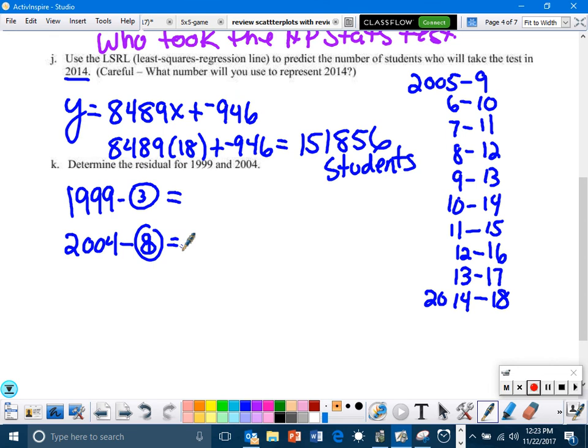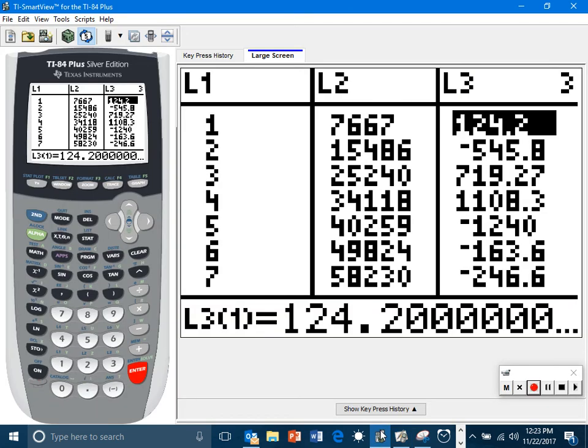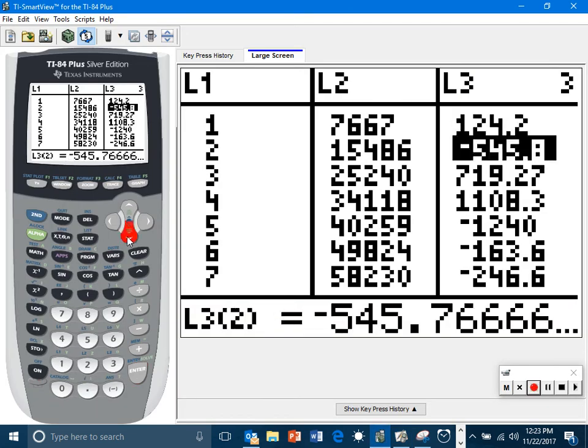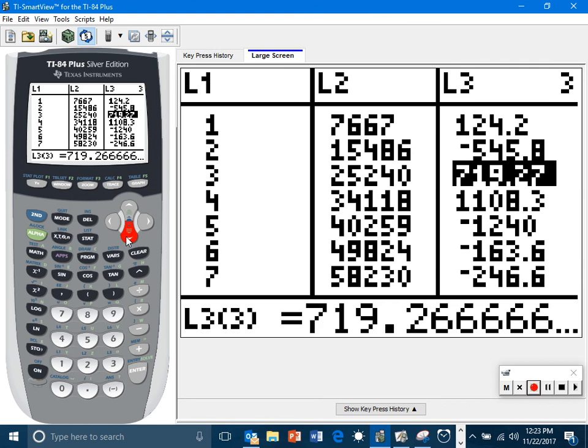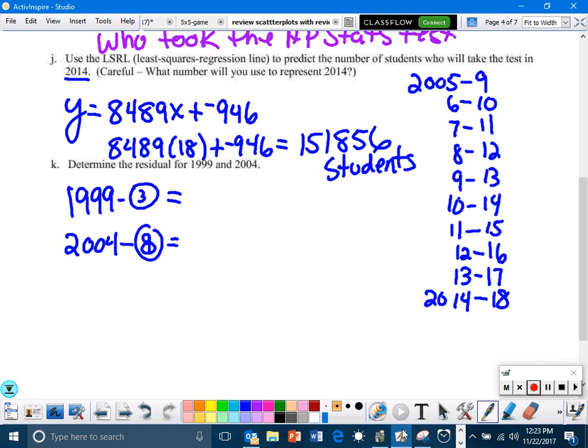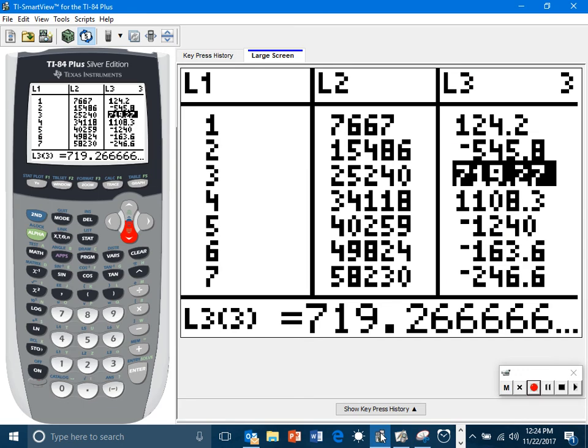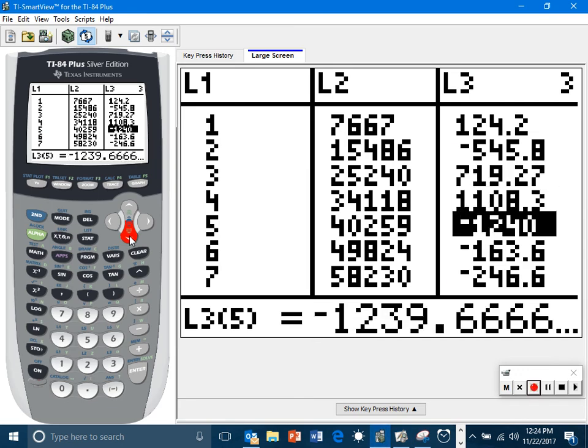All right, so on my calculator, I'm going to go to the 3rd year. Wow, that's way above average. We're just going to say 719. And the 8th year, so we're going to go down to the 8th year.